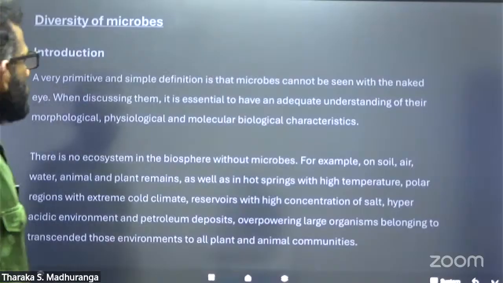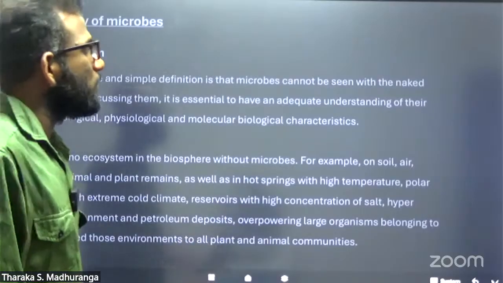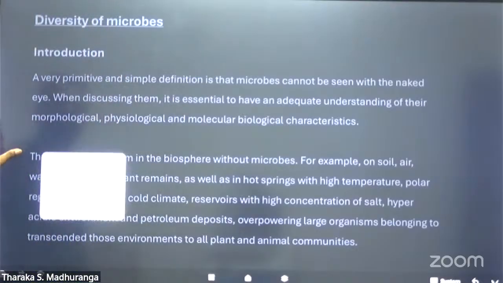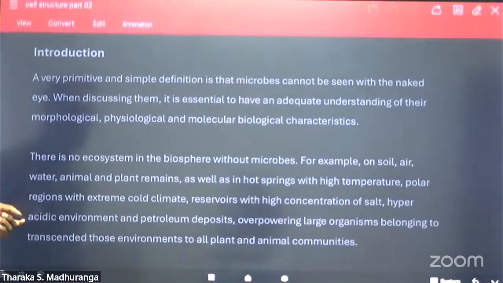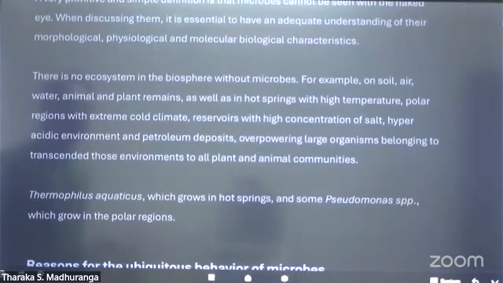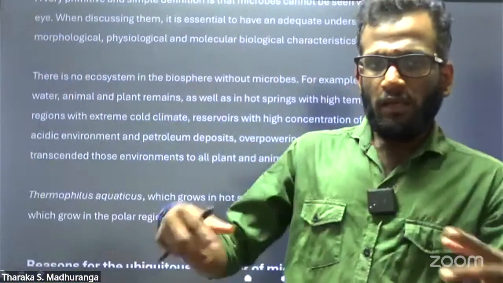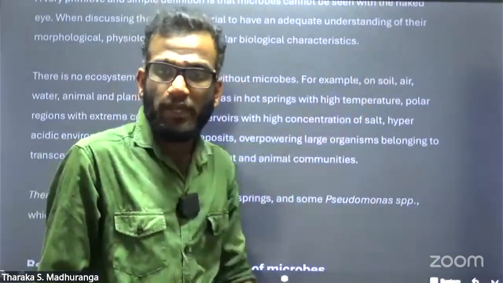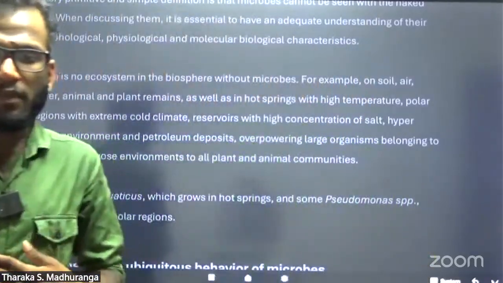When discussing them, it is essential to have an adequate understanding of their morphological, physiological, and molecular biological characteristics. There is no ecosystem without them. This one is very important. Microorganism types, as I explained, are bacteria, fungi, virus, algae, and protozoa.